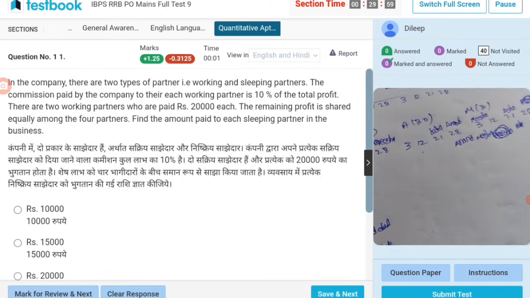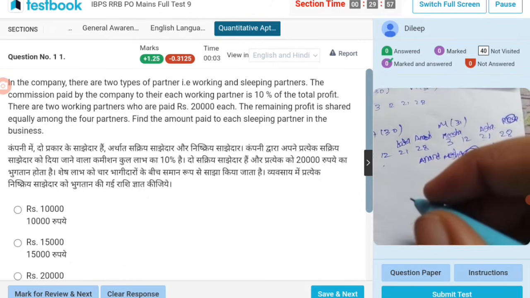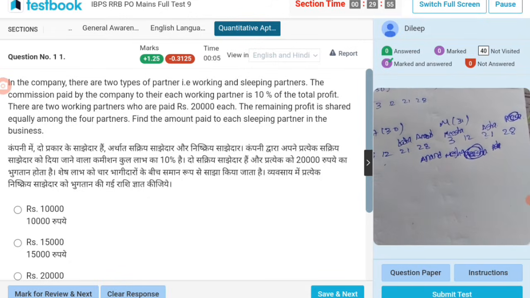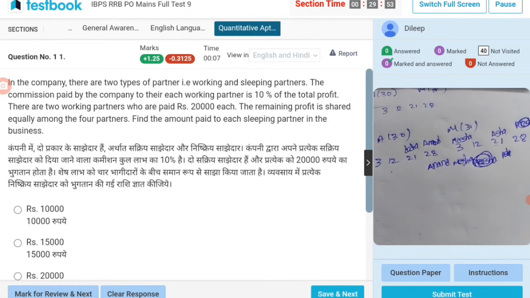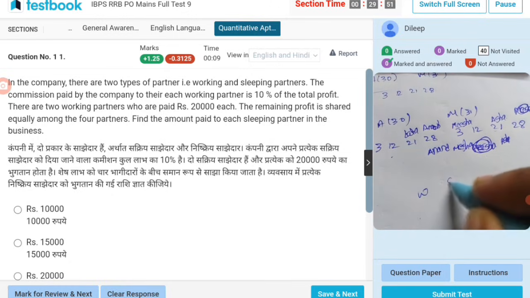Next. So the company, working and sleeping.